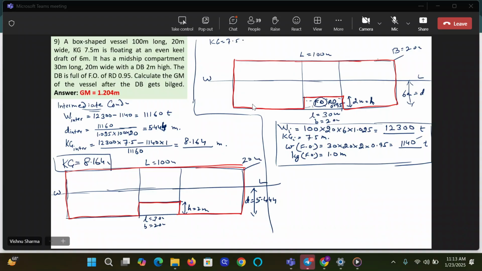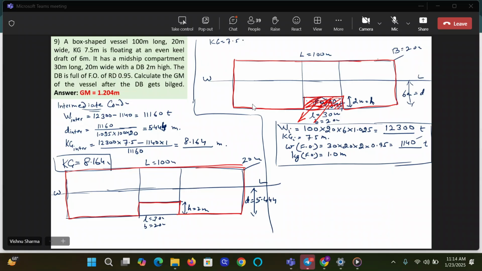Clear? Now, if in both the cases I bilge the dB, what will happen? In the initial condition, this oil will be lost and this will be completely filled with seawater. This buoyancy will be completely lost because it is occupied by seawater, which is communicating with the sea. Yes, sir.